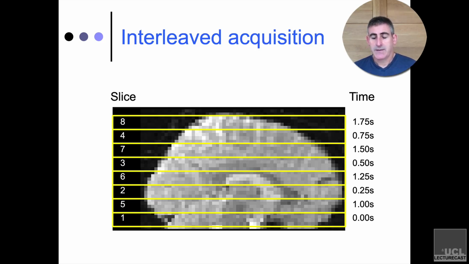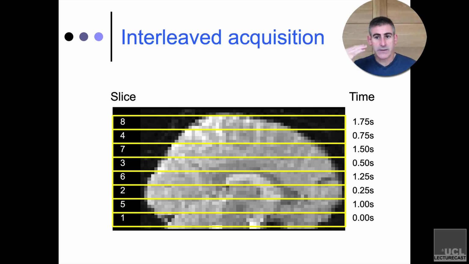The other kind of acquisition, which is fairly common and worth mentioning, is interleaved acquisitions. So rather than going bottom to top or top to bottom, you can do something fancier, and I'm illustrating that here, where you skip a slice. The first slice is, say, at the bottom. You then skip the next slice, and the second slice is the third slice up, etc. And then you go back and fill in with the missing slices.